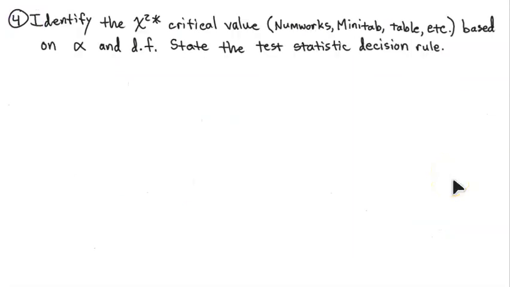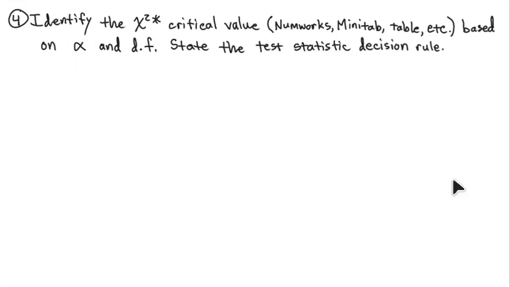In step 4, we're going to identify the critical value for chi-square. Okay, and you can do that either in the NumWorks calculator, you can do it in Minitab, you can use a paper table or digital table. There's all kinds of places where you can get the critical value. But just like finding the critical value for a t-test or for a z-test, it's going to be based on the alpha or the p-value.